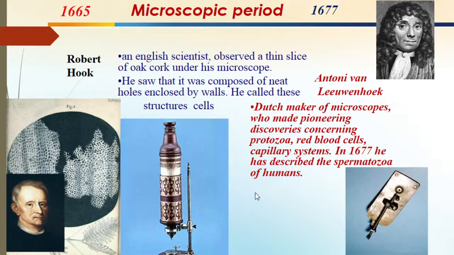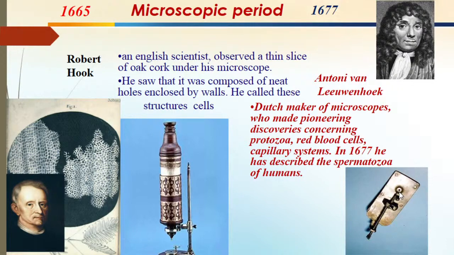And of course we have seen another famous person. This is Anton van Leeuwenhoek. In 1677, Leeuwenhoek, a Dutch maker of microscopes, made pioneering discoveries. His microscope was very simple because it contained only one metallic plate and one lens.